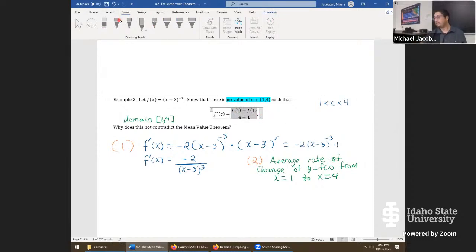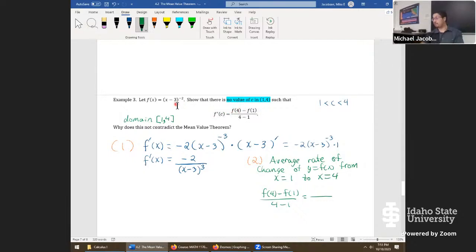Calculate f of 4 minus f of 1, divided by 4 minus 1. We're placing this 4 right inside here. We're putting it into the original function f of x. To me, that's another one of the confusions of this problem. There's a lot of functions on the table. There's the original, there's the derivative, but this is talking about the original function.